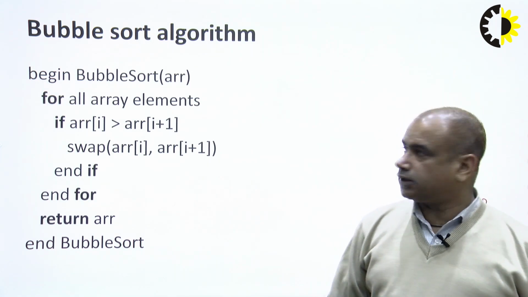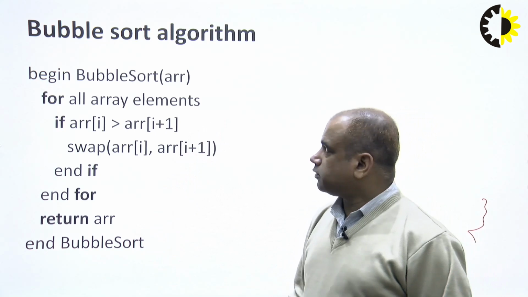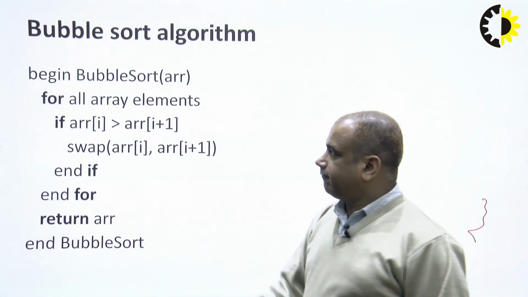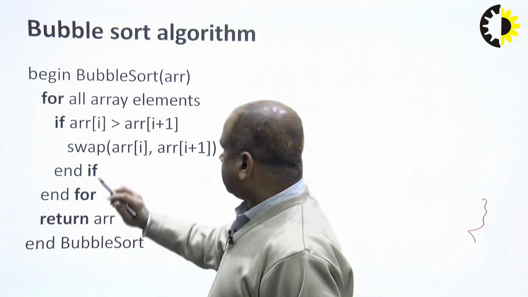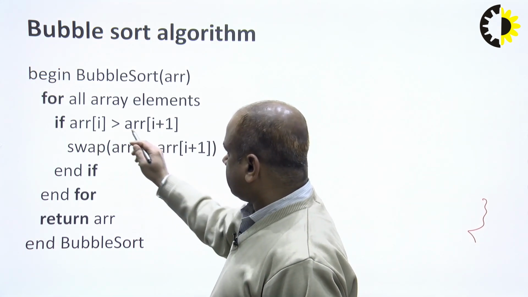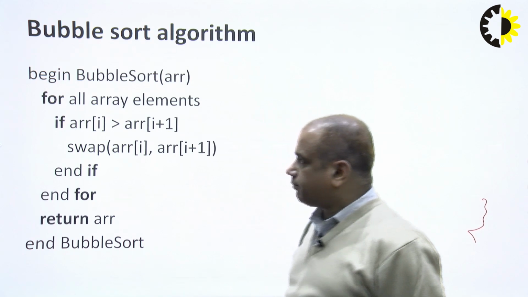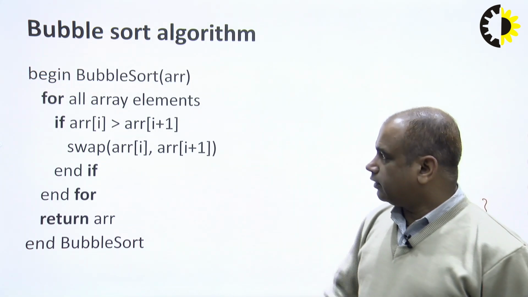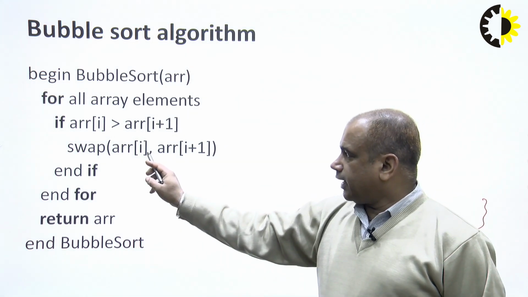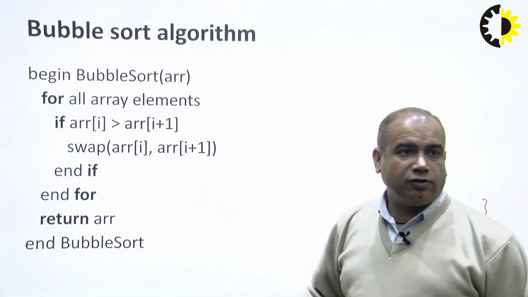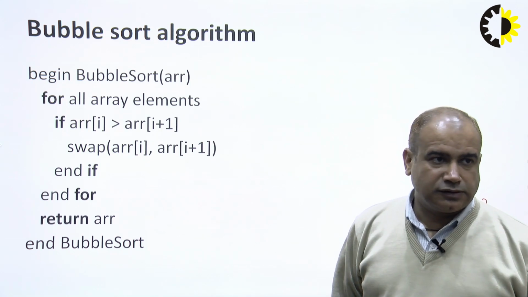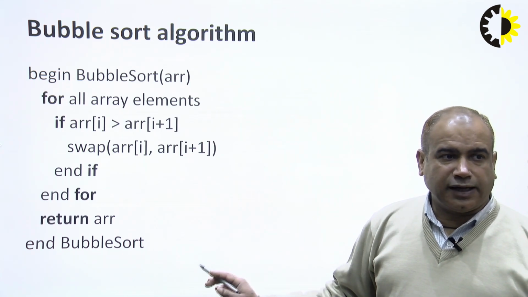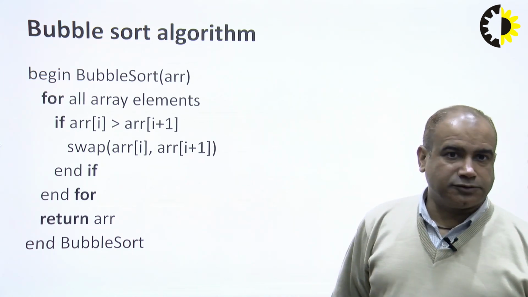So, we begin bubble sort with an array, for all array elements, if array of I is compared with array of I plus 1, in that case we swap array of I with array of I plus 1. And then end the for loop and return the array, end bubble sort.